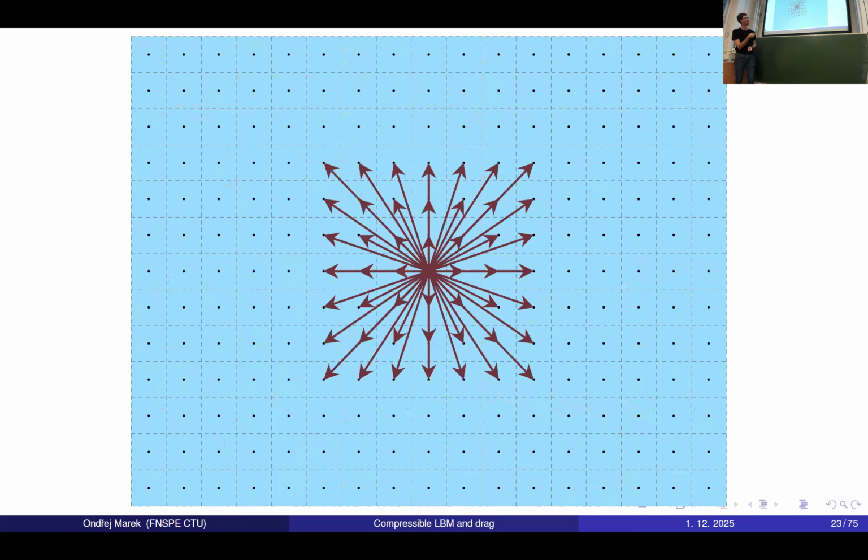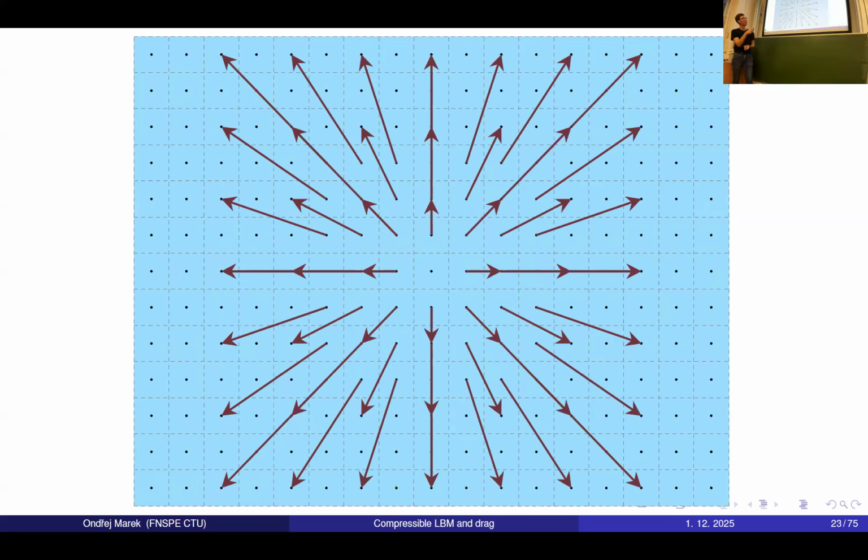And this can be done for the model I showed on the previous slide, but this model with more distribution functions, more microscopic velocities, can supposedly model compressible fluid flow better. So that's why I was using it. And in this one, when it's streaming, the large microscopic velocities stream further into the lattice.